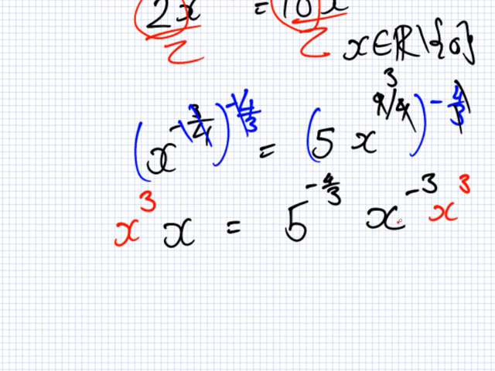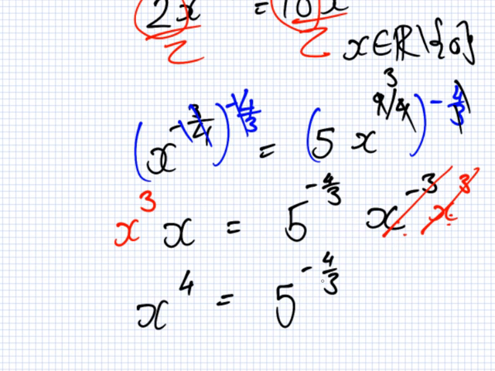So what happens here? They cancel, because it'll be x power 0. So on the left I get x power 4 equals 5 power minus 4 over 3. So there's only one thing left for me to do. What could I do to finish it? What's next? What's the last step? How can I remove this here?